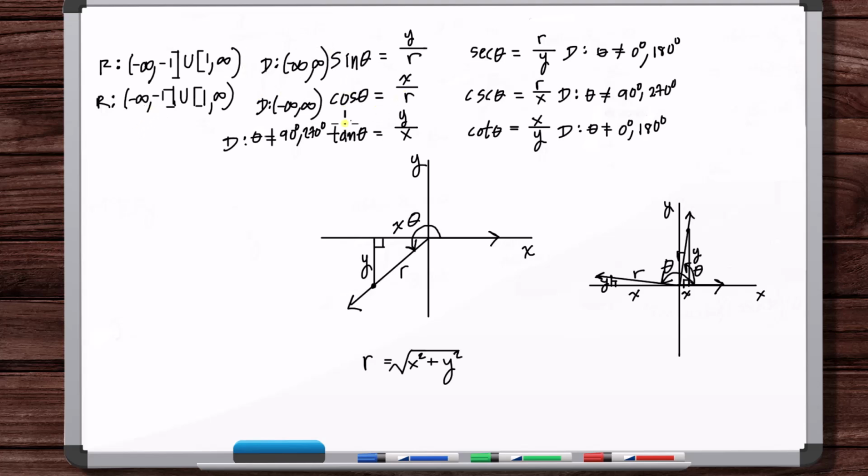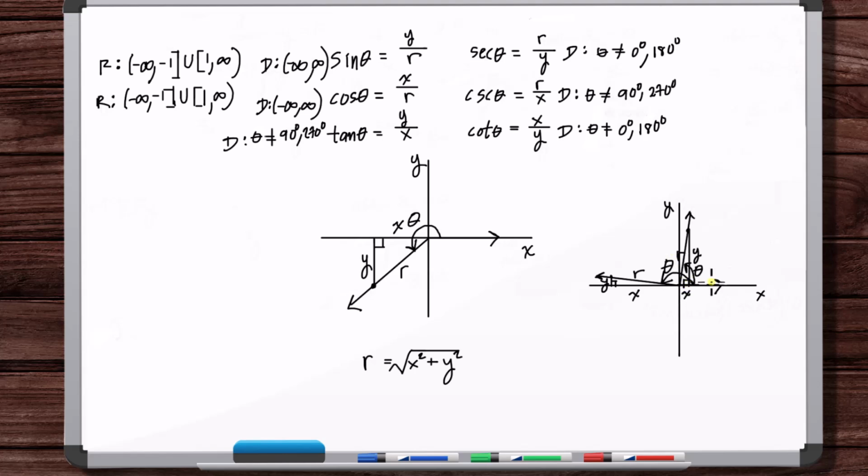Okay. What about tangent? Well, let's think about what's happening in the first quadrant. When you're at 0, x is equal to positive r, y is equal to 0, so tangent is 0. Then as you start increasing theta from 0, the x is starting to shrink. And as you keep going, x is shrinking and shrinking all the way to 0 once you get to 90, right?